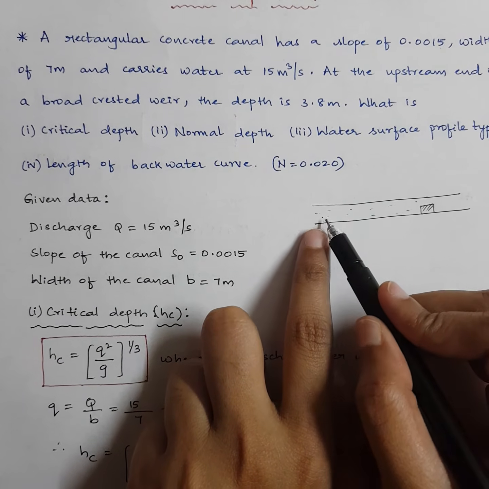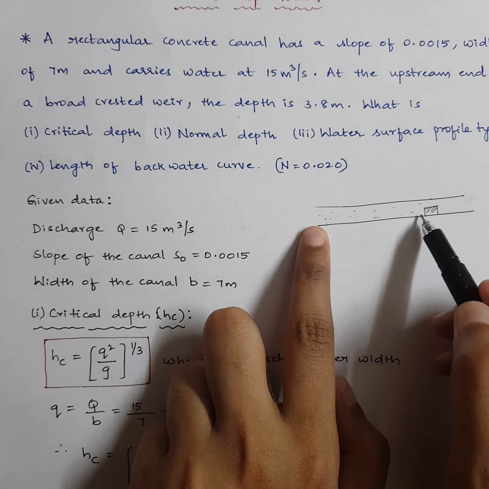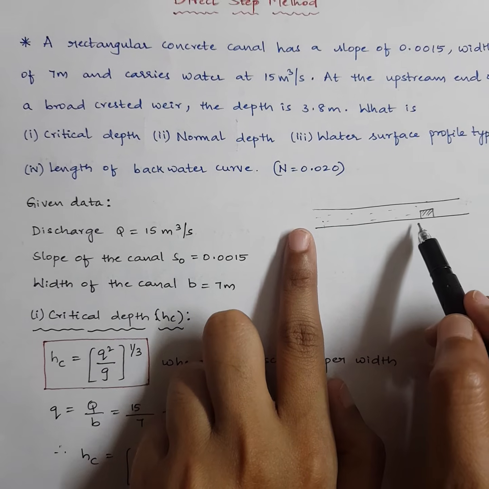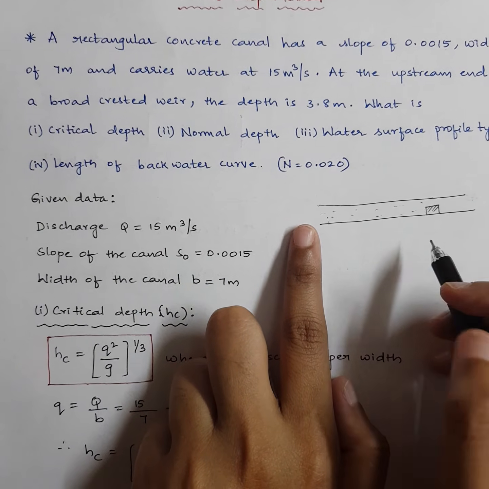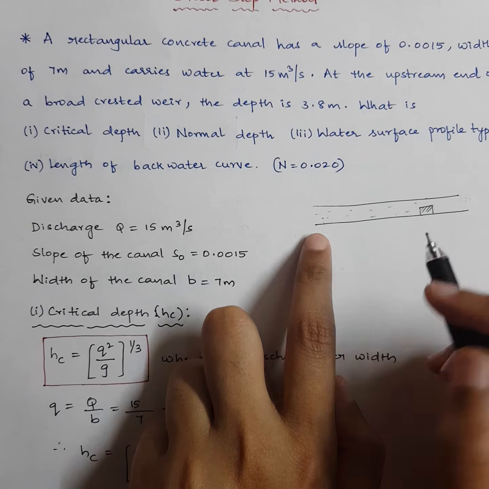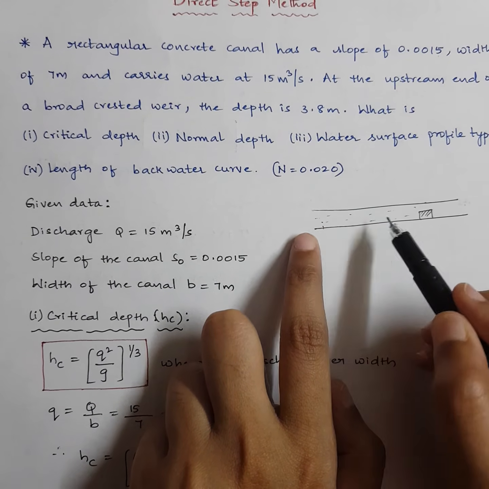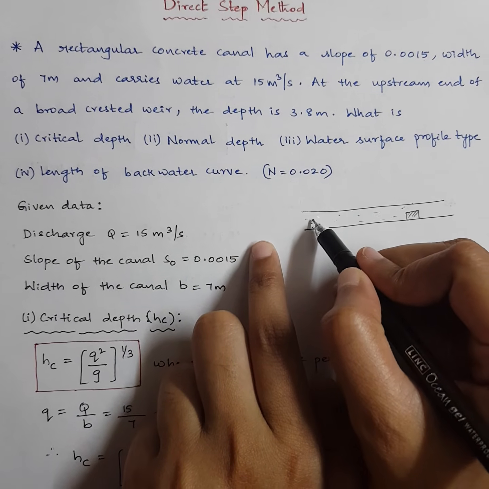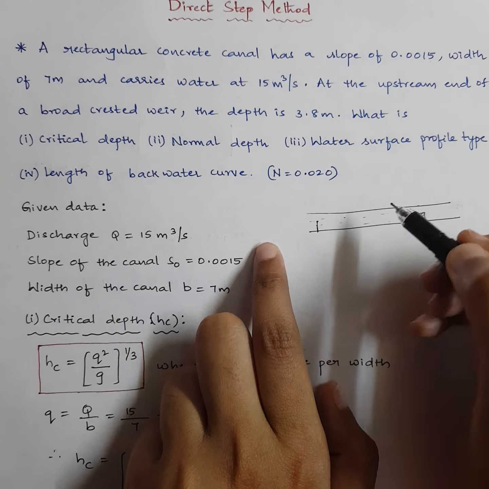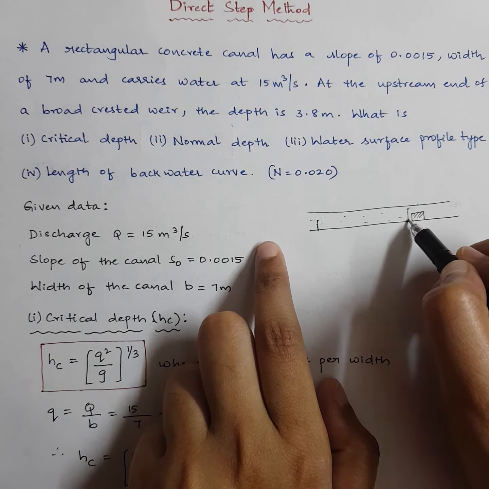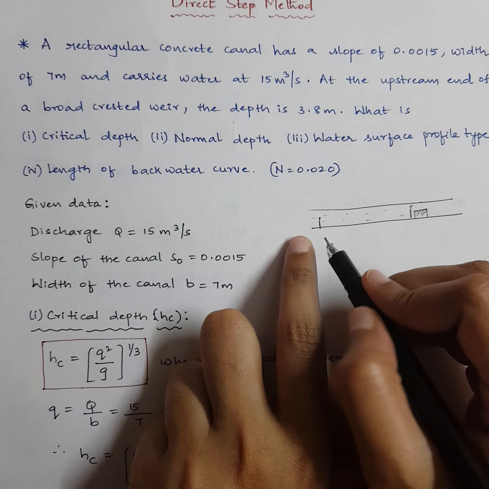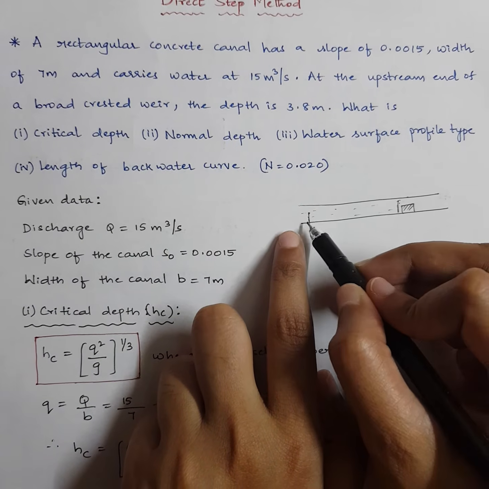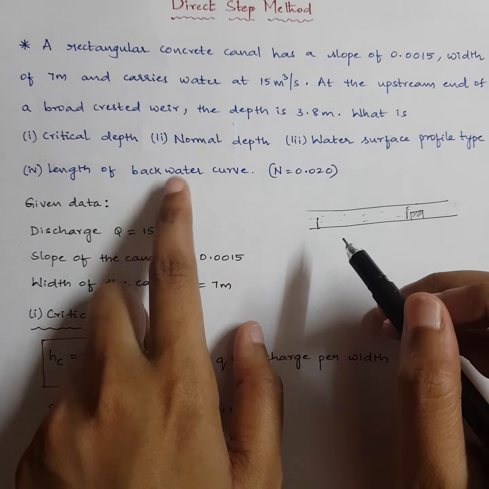So from 1.195 meters to 3.8 meters, we have to calculate what this length is. Please try to understand, whatever M1 curve we got will exist from 1.195 meters to 3.8 meters depth. So our M1 curve will exist from here to here. So he is asking what this length is, and that's what we need to calculate.